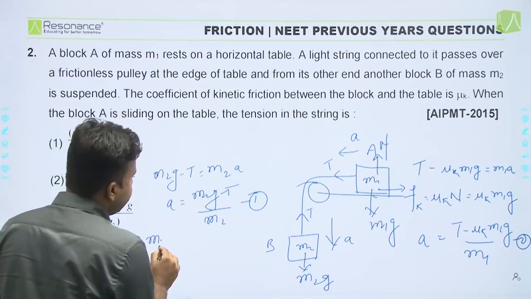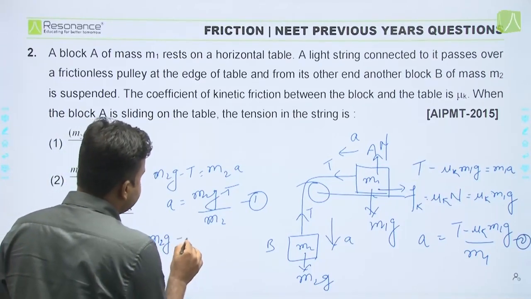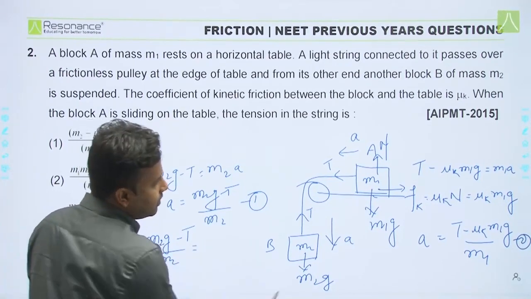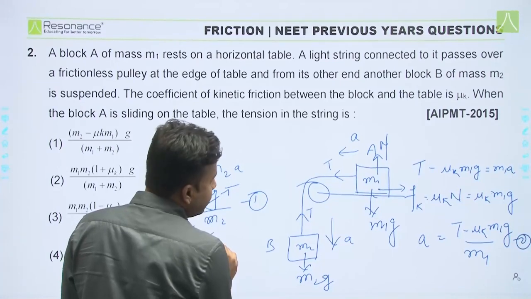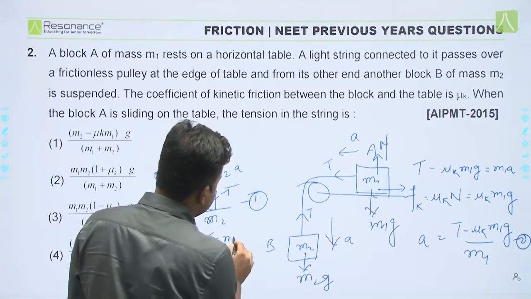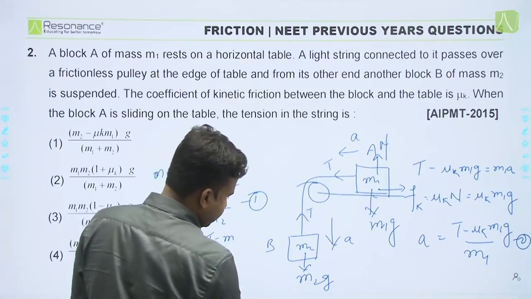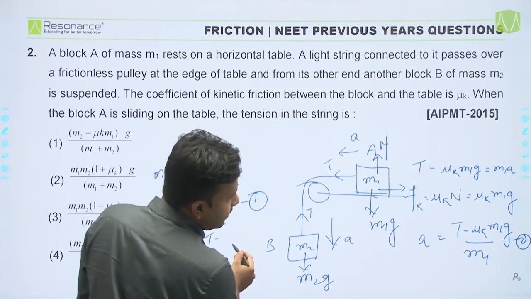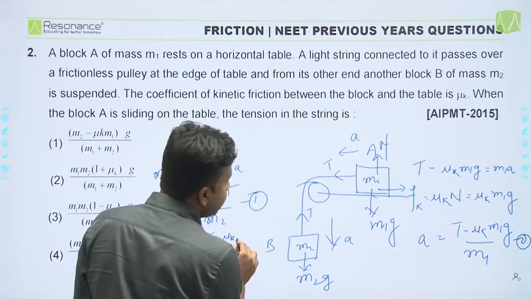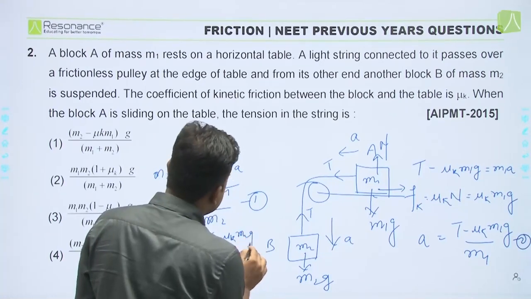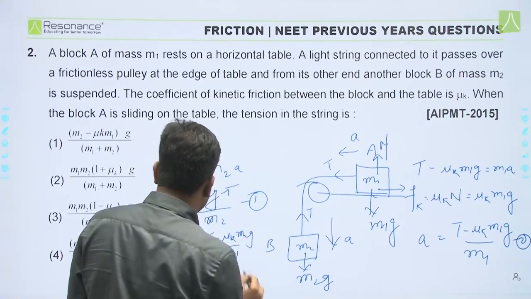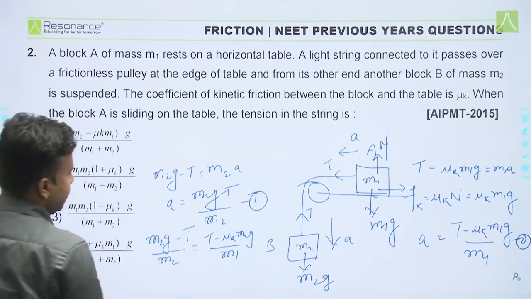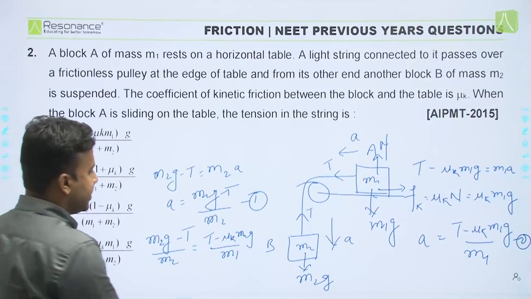So what we can write, m2g minus T divided by m2 is equal to T minus mu k m1 g divided by m1. What we have to calculate? T, the tension. So from here we can easily calculate the tension.